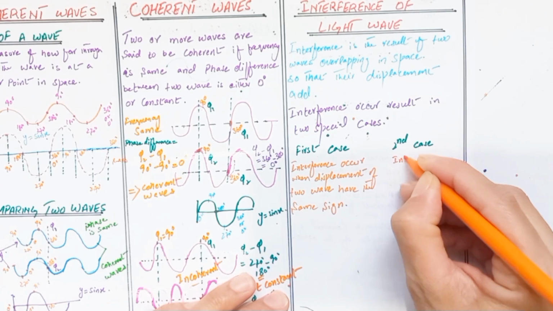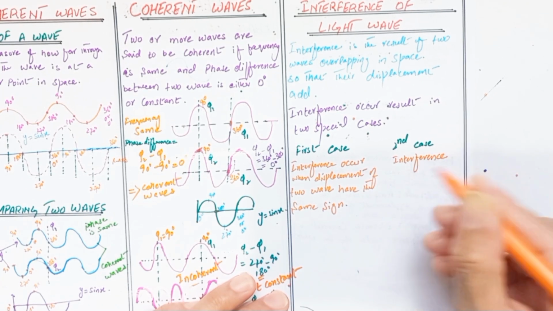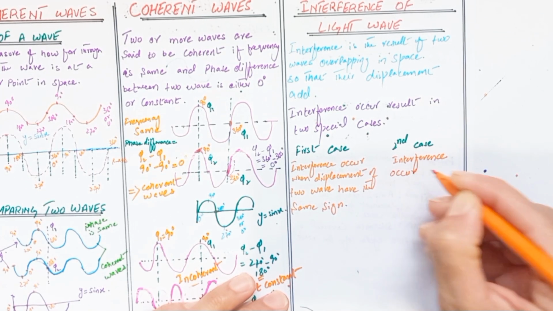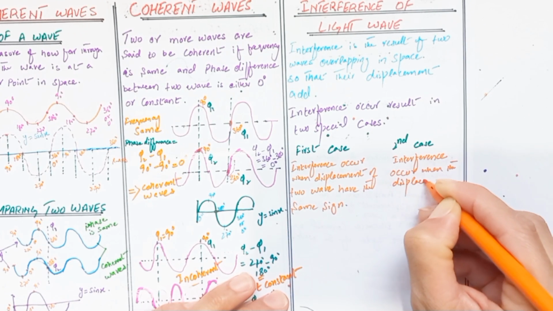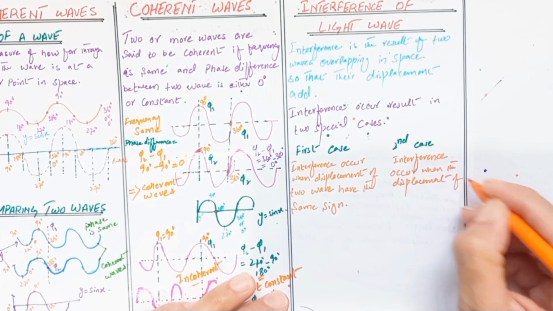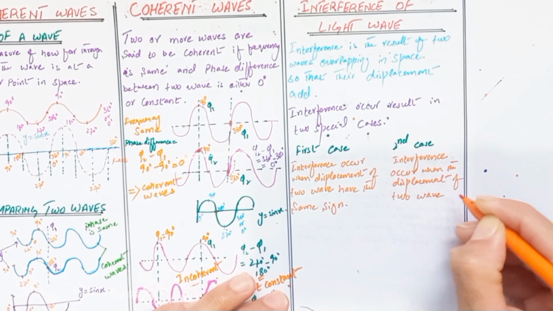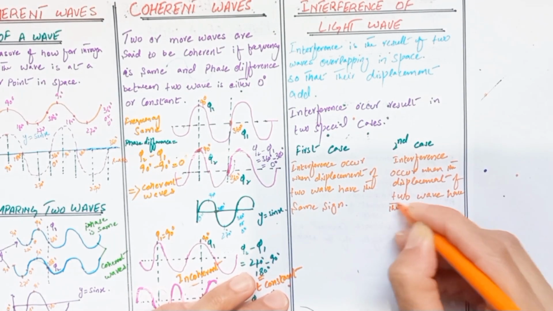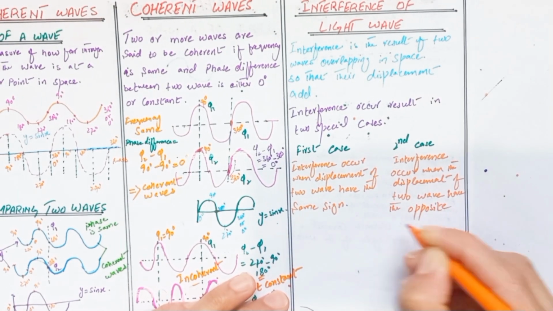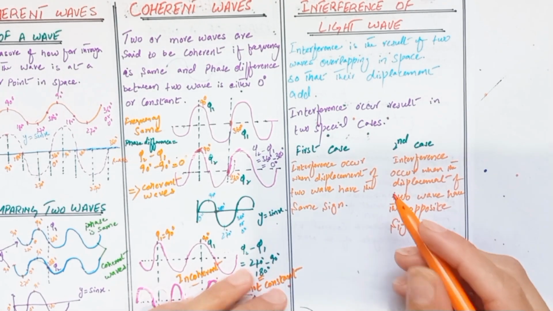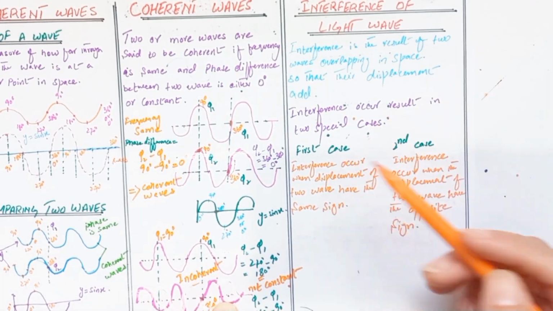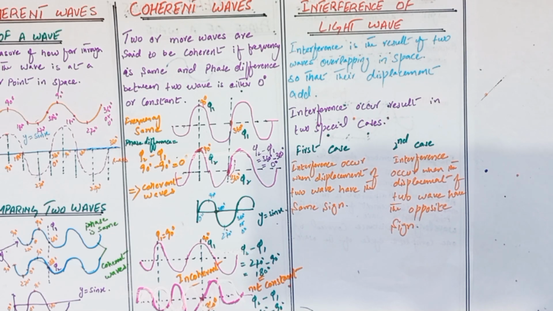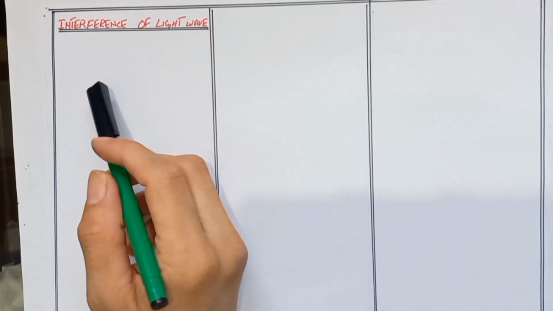In the second case, interference occurs when the displacements of the two waves have the opposite sign. In these two cases, interference occurs when two waves overlap in space. This is the interference of light waves.